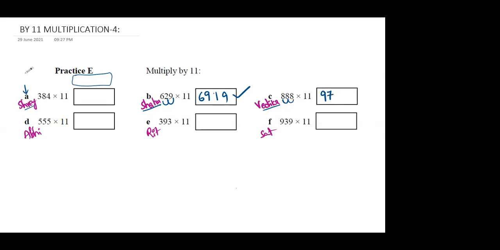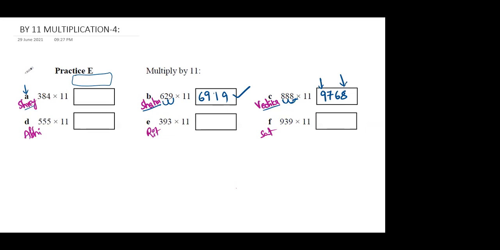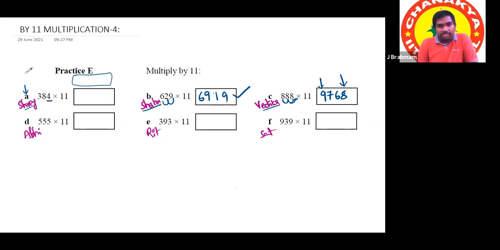Then 8 plus 8 is 16, so we'll write 6 as it is. And then the last digit, last number 8. So the first number may change, but the last number will never change, right? Yes, sir. In every question, the last number will never change. The first number may change by adding a carry.